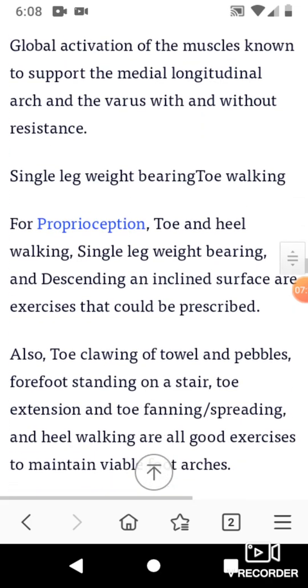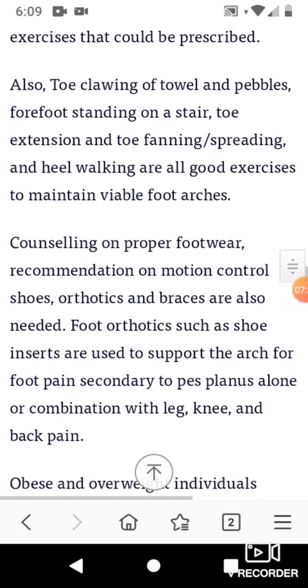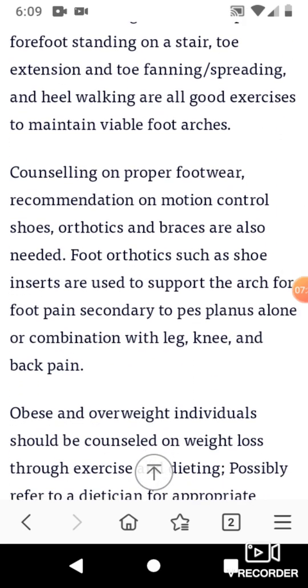Also related to it, we can do toe-heel walking for better proprioception, single leg weight bearing, and toe clawing of a towel and pebbles. Recommended orthoses for pes planus are those that support the inflexible foot.